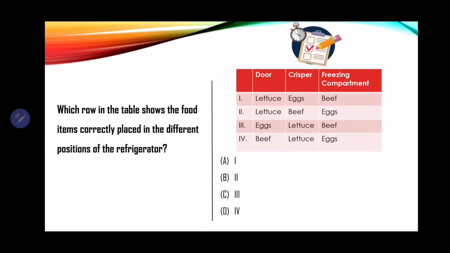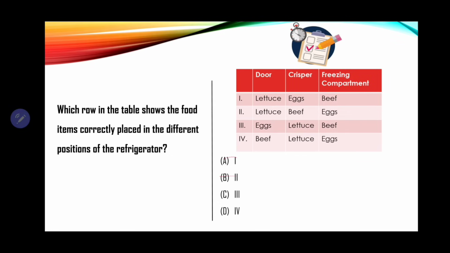Next question. Which row in the table shows the food items correctly placed in the different positions of the refrigerator? So we have lettuce in the door, eggs in the crisper, freezing compartment, we have the beef. Compartment is correct, the other two is incorrect, therefore the answer couldn't be A. Next, number 2, there is lettuce in the door, beef in the crisper, eggs in the freezing compartment.